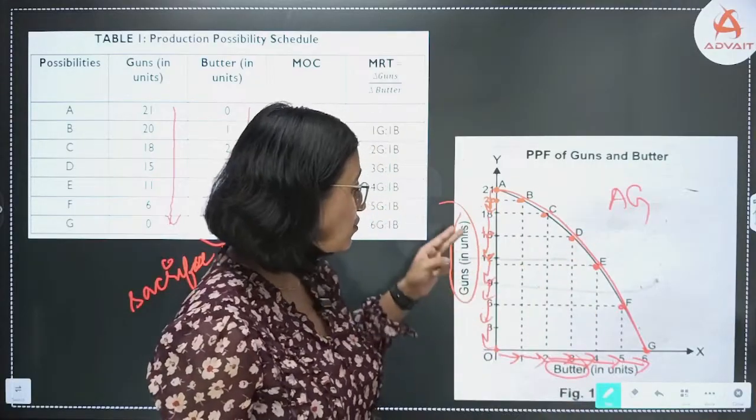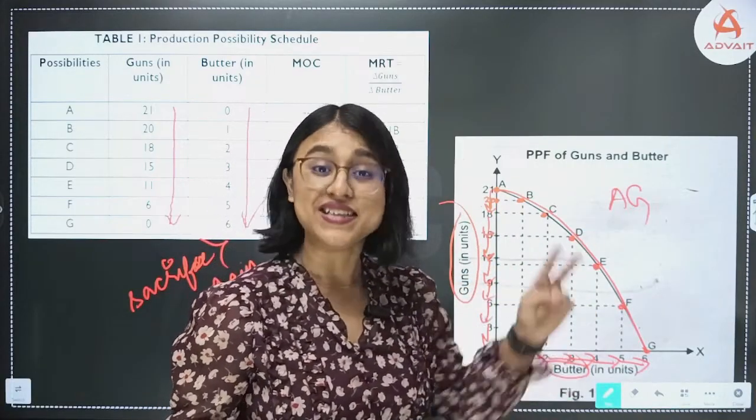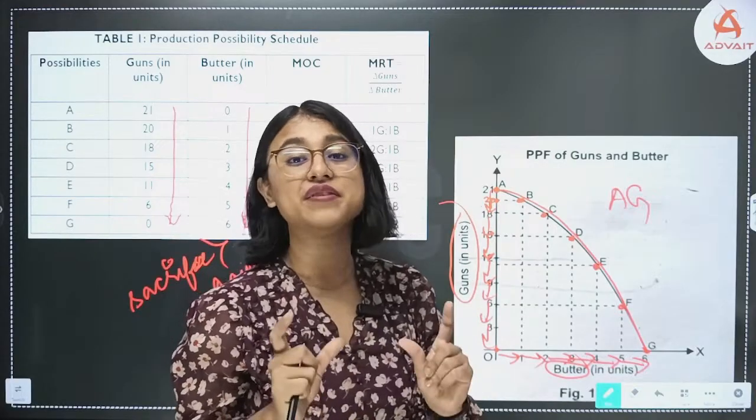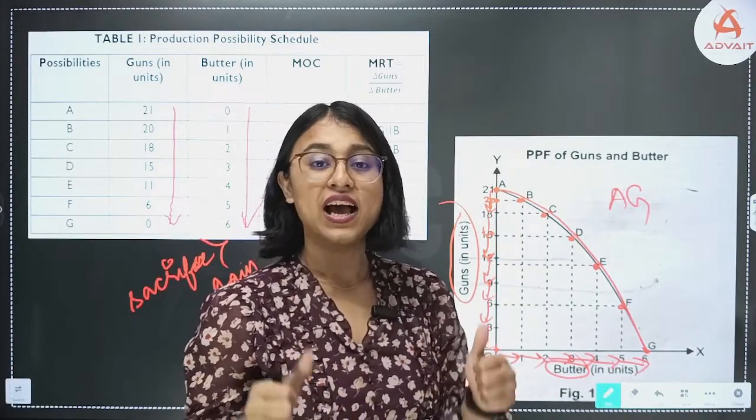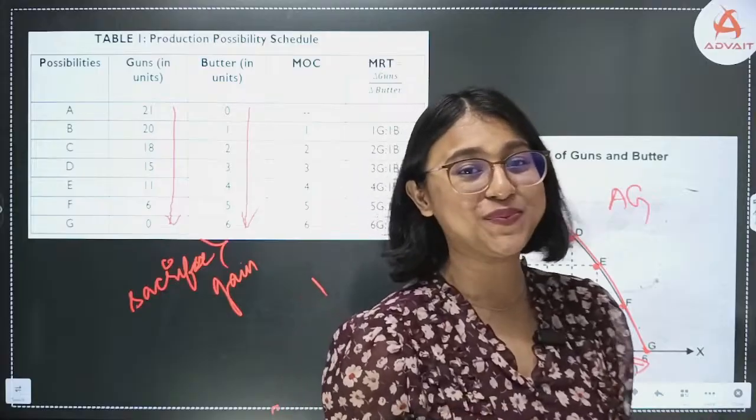What were the two goods? Guns and butter that we can produce given the resources and technology. I hope this much is clear with you. Let's move to the next slide.